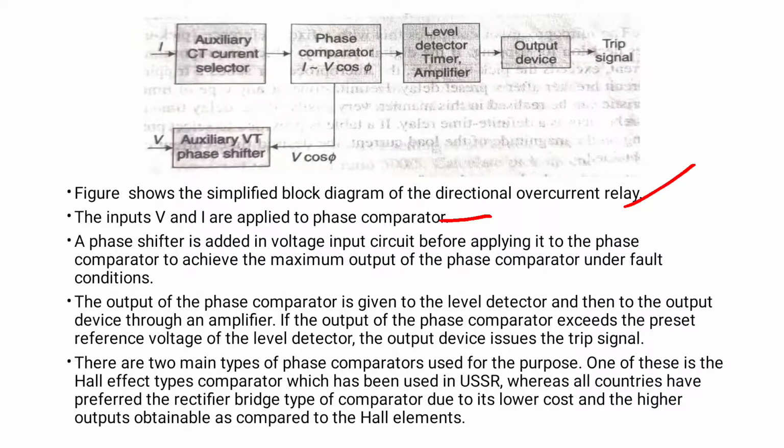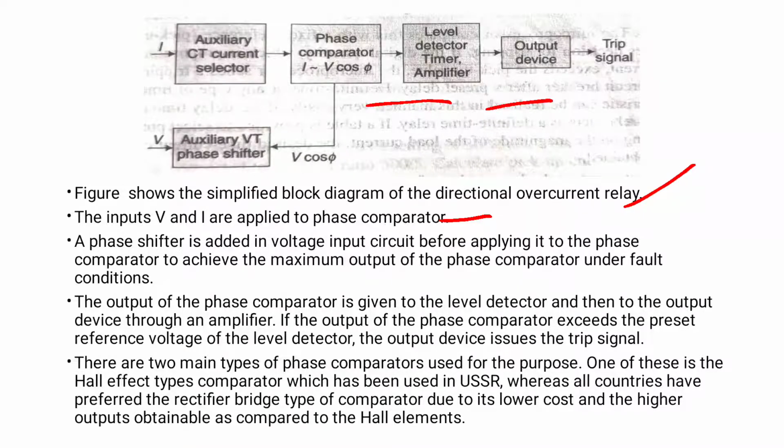Now the output of the phase comparator is given to the level detector and then to the output device through an amplifier.